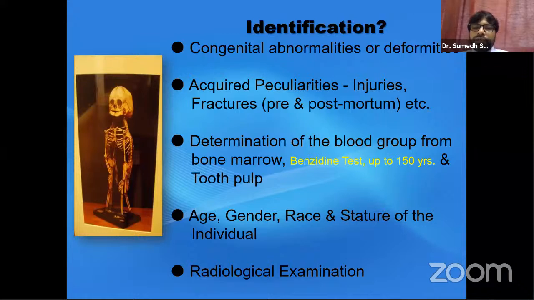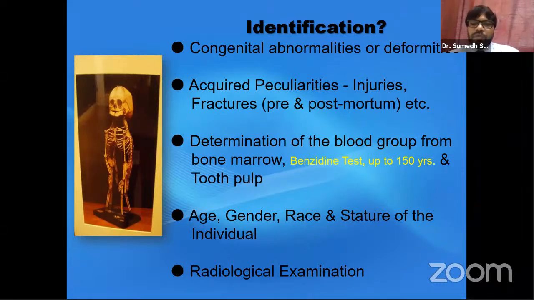Then identification. This is again the most important factor, identification. So why do you need this identification? Because if you are getting certain skeletal remains with certain anomalies, one should not be misled by certain congenital abnormalities or deformities, because certain individuals do not have similar bones on the right and left side.